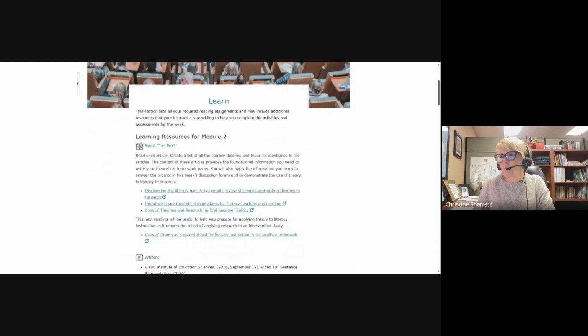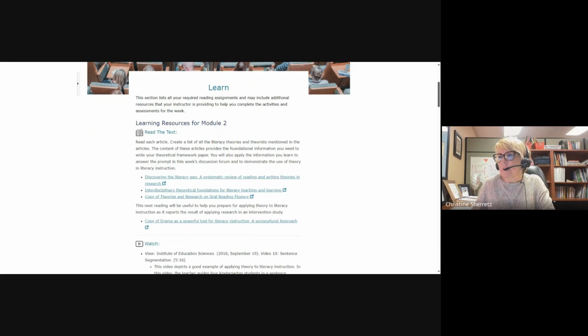So this week you have some articles here. You have Discovering the Literacy Gap, which I actually printed out because it helps me as I'm reading it. You have Interdisciplinary Theoretical Foundations and a copy of Theories of Research on Oral Language Fluency.